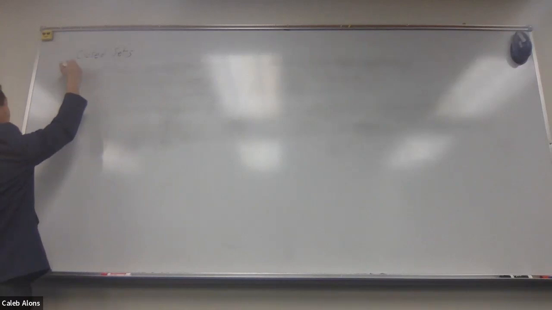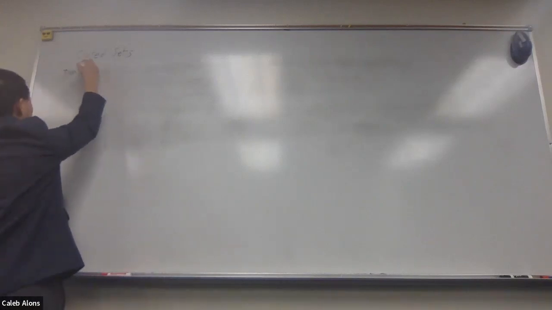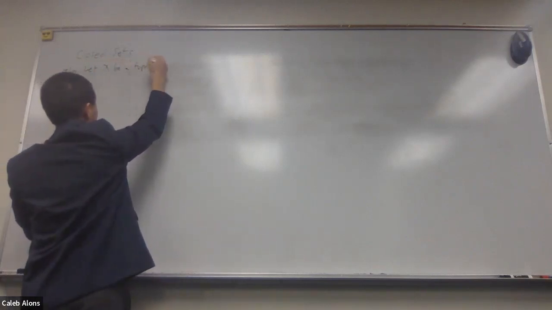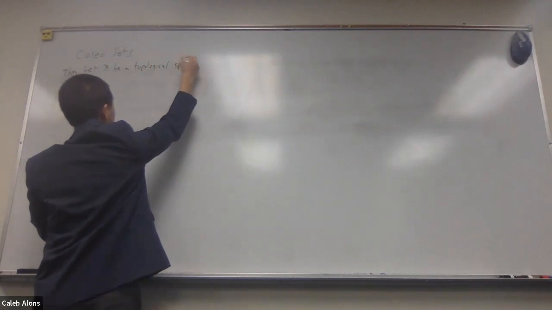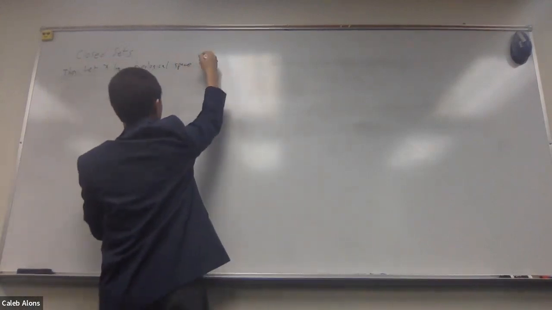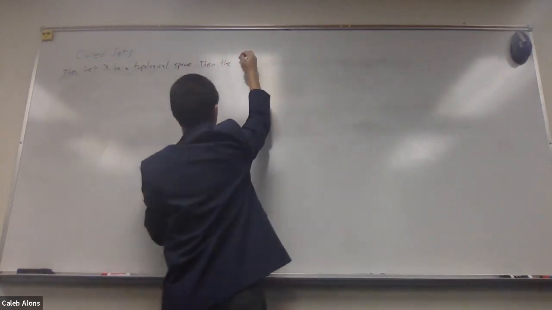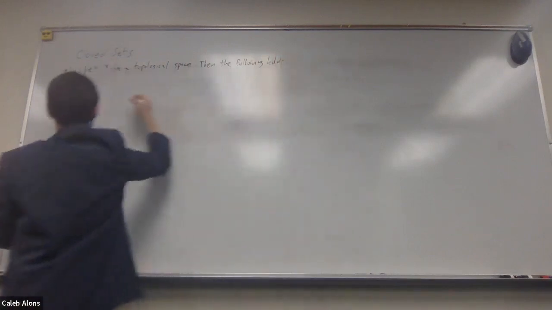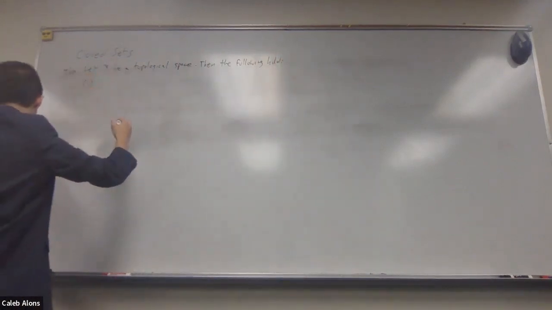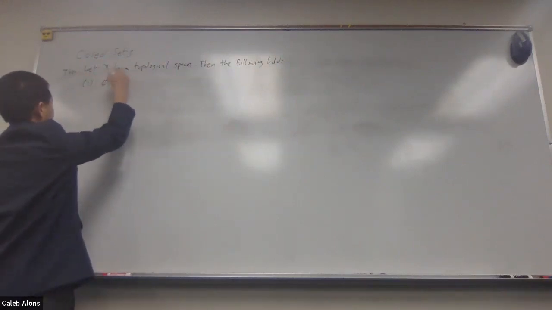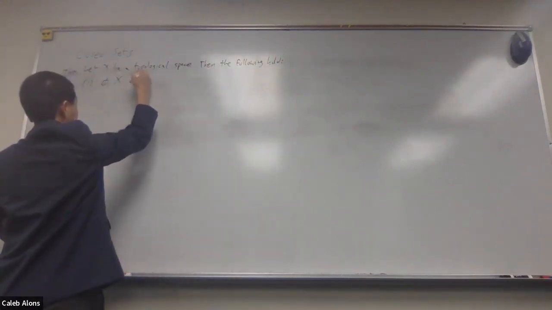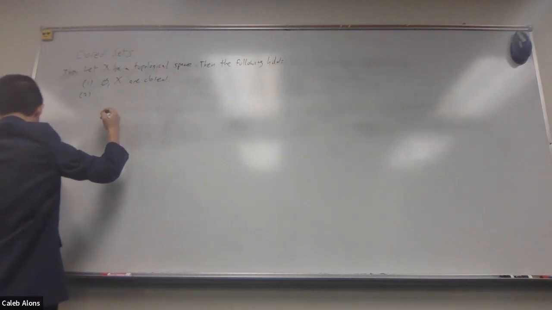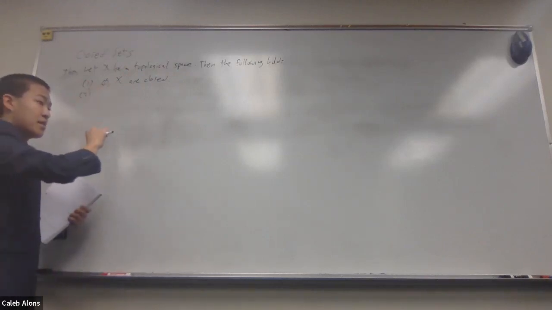So, theorem: let X be a topological space, then the following hold. First things first, the empty set and the set X itself are closed. That's given definitionally. Second thing is that it's flipped around.